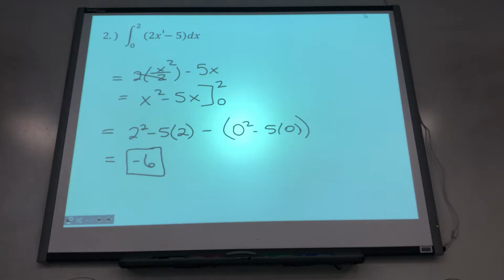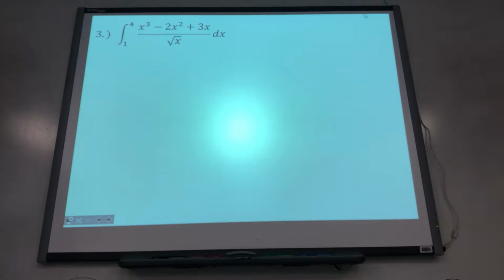Not too bad. I think I've got just a couple more actually. But this one, as you can see, is a little bit more complicated than the first two. So let's see what we can do with number 3. We're integrating from 1 to 4.